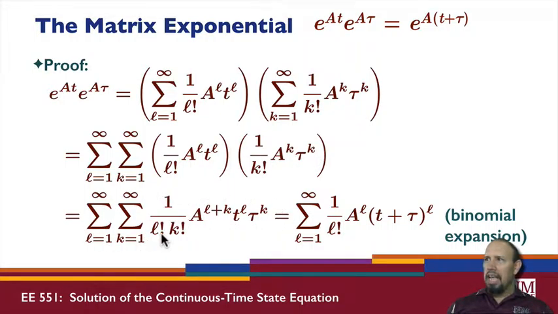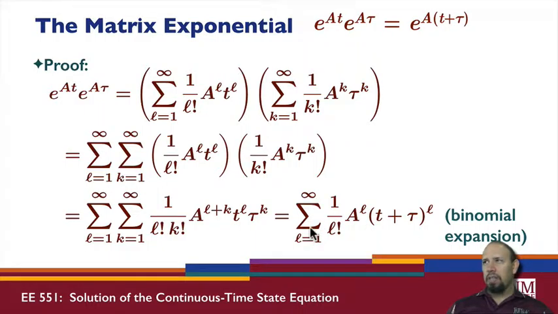And so I have this summation. Now I can use what's called the binomial expansion to show that this inner sum boils down to this sum, which is kind of an interesting little thing.